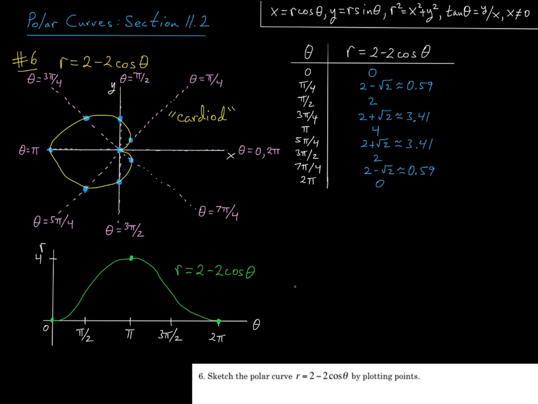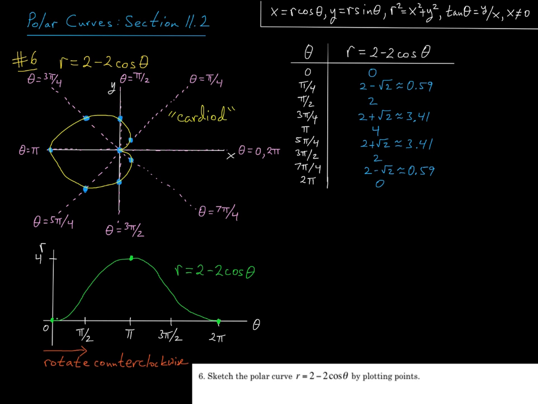Okay, so looking at this graph in the r theta plane, note that as I move from left to right, I'm increasing theta, so up in the xy plane, that corresponds to a counterclockwise rotation. Okay, and the points on this green curve are telling me my radial distance from the origin as I rotate counterclockwise. So you want to have in your head that when theta is 0, r is 0, so we're starting here at the origin.